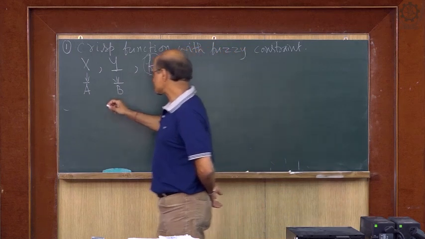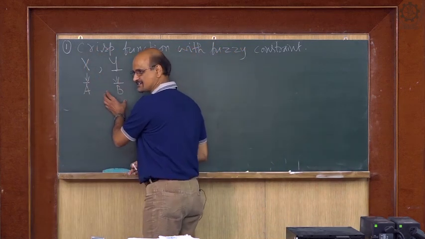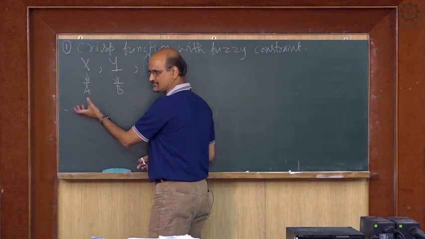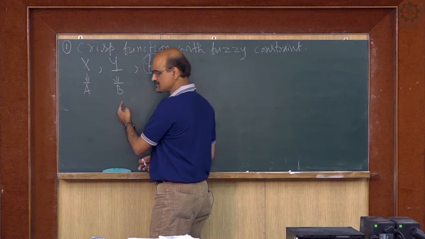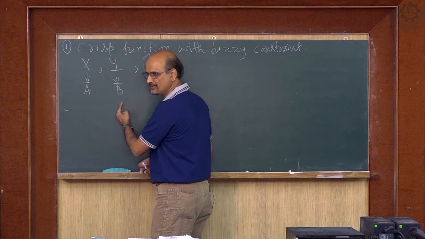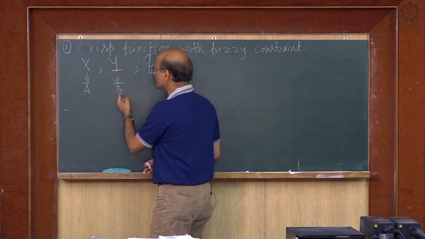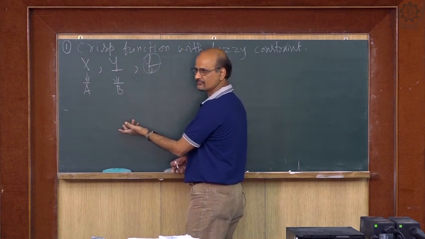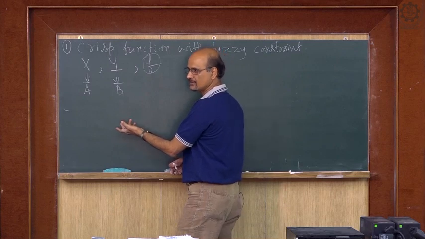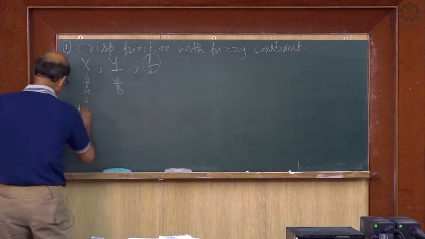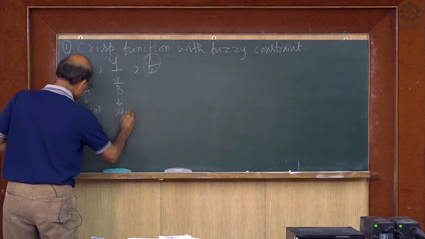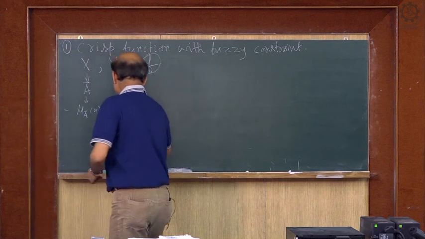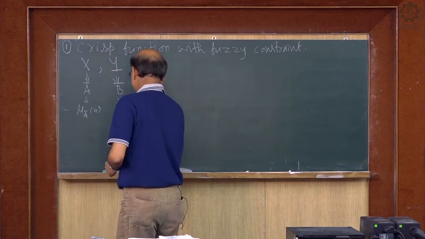What are the constants? If suppose these are the fuzzy sets, so these have your membership functions. Suppose for this we write mu A bar x, this is mu B bar y, but y is what? It will be f of x. Okay. So, here the membership function is mu A bar x, and here membership function is mu B bar y, where y is f of x.